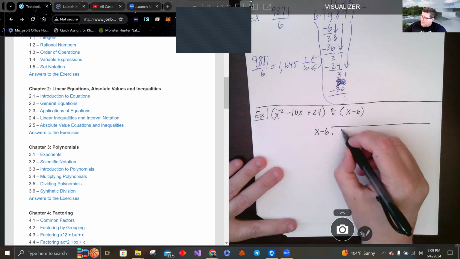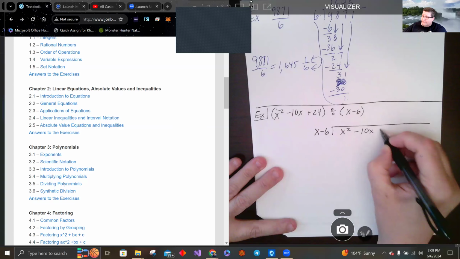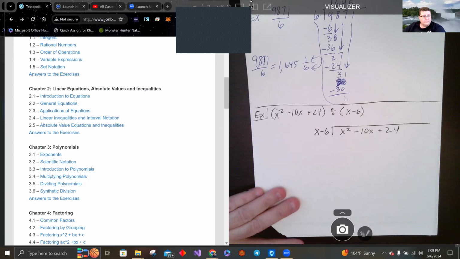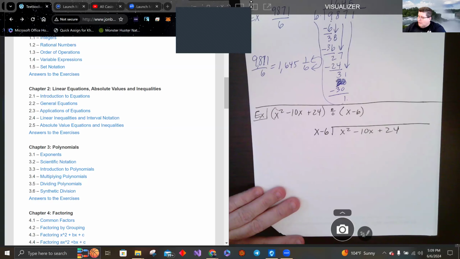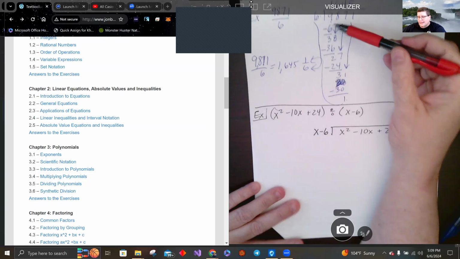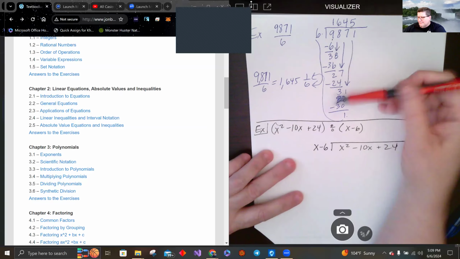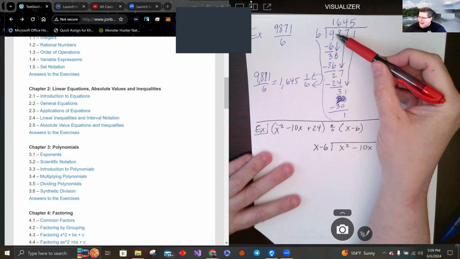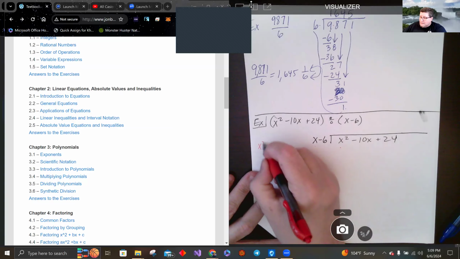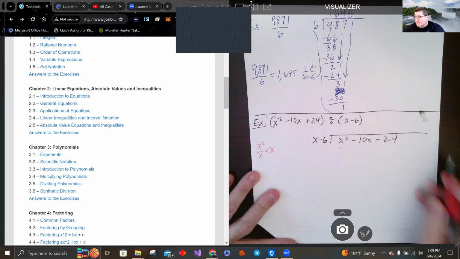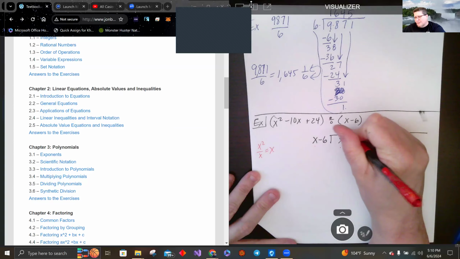We have x squared minus 10x plus 24 in here. Okay, I want to know how many times, like what we did up here with the 9 and the 6, how many times 6 goes into 9. How many times does x go into x squared? It goes in x times. I'm going to put an x up here.